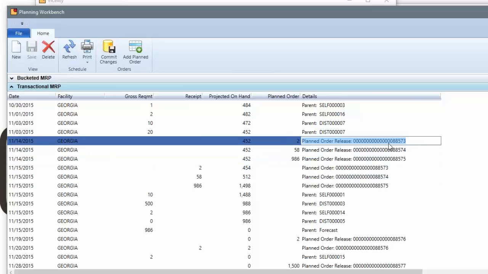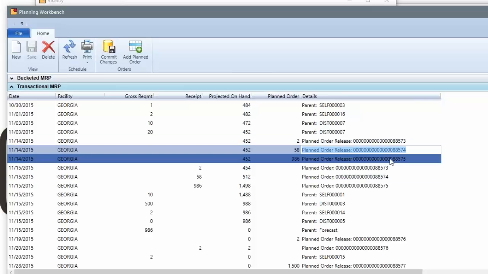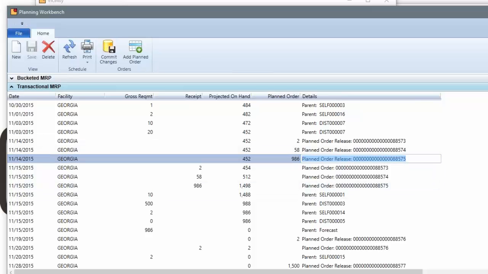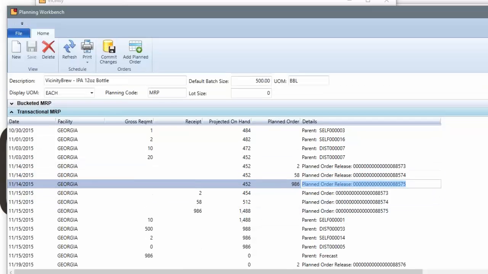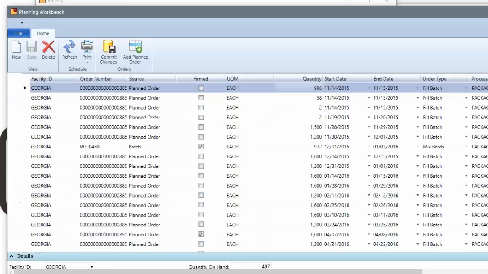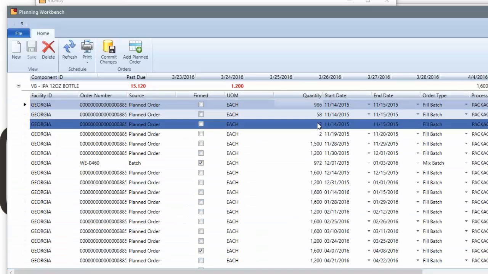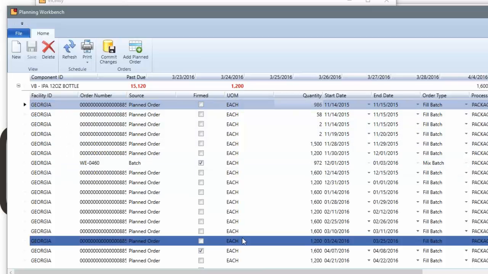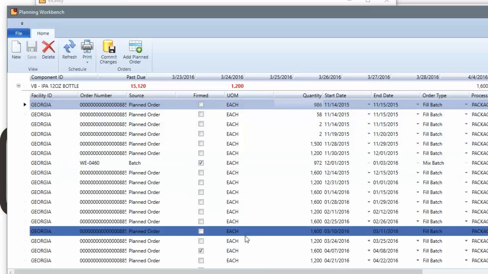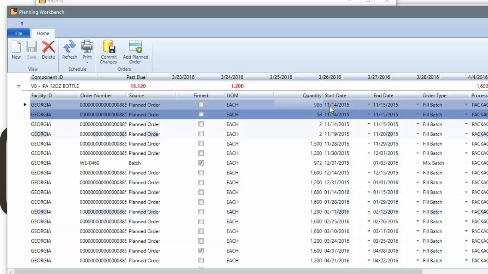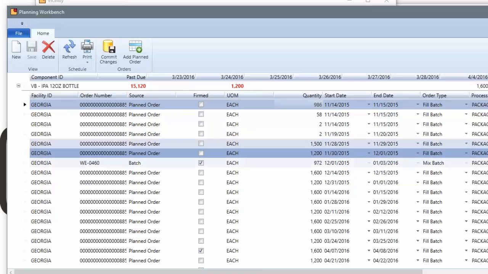But it's the system's way of telling me that I'm going to be short on these particular dates. And those numbers that we're seeing listed here are the same ones that are listed right here. So this view is just my exceptions. It's just showing me what I need to package by whatever date I need to do that. And I can even have a packaging lead time, and I see a 1-day lead time here.